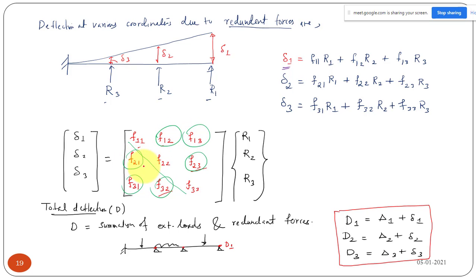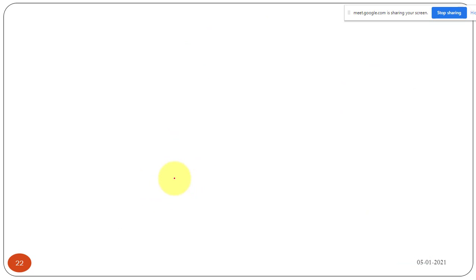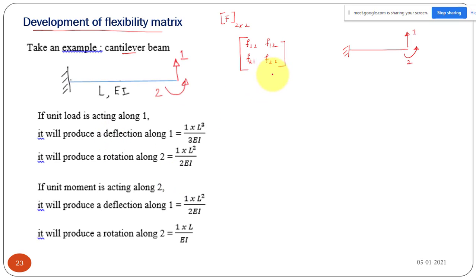F21 means second row, first column. F22 second row, second column. F23 second row, third column. F31 third row, first column. F32 third row, second column, like that. So we can directly say that the answer must be a 2 by 2 matrix with F11, F12, F21, and F22. These are the elements, or flexibility coefficients. Our job is to find F11, F12, F21, and F22.